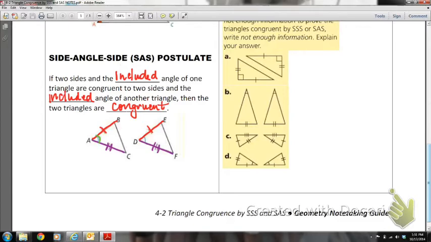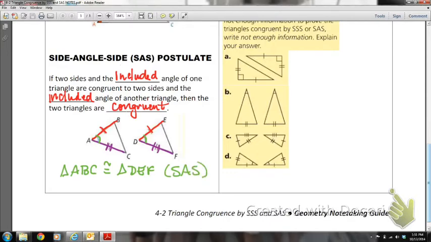The angle that's in between is angle A on the left and angle D on the triangle on the right. So the angle that's in between those sides that are congruent, that angle is also congruent. So we can say that triangle ABC is congruent to triangle DEF because of the side angle side postulate.